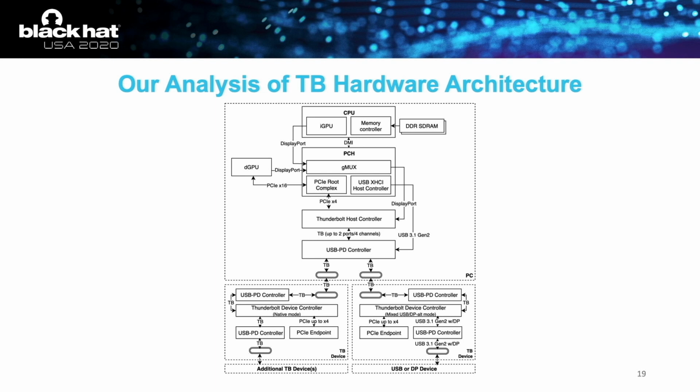Now, the device side is actually kind of a mirrored version of what we see on the PC. So the signal comes in and the Thunderbolt device controller then demultiplexes it to PCIe on the one end, and if the device has two ports, Thunderbolt again on the other end, so that you can connect another Thunderbolt device or a USB or DisplayPort device.